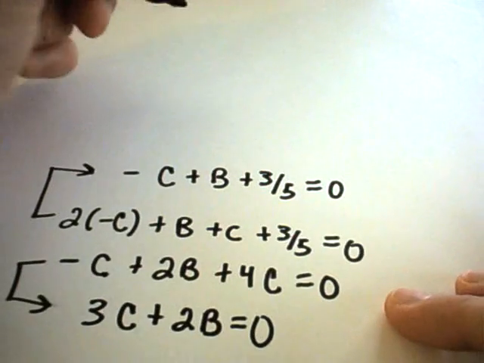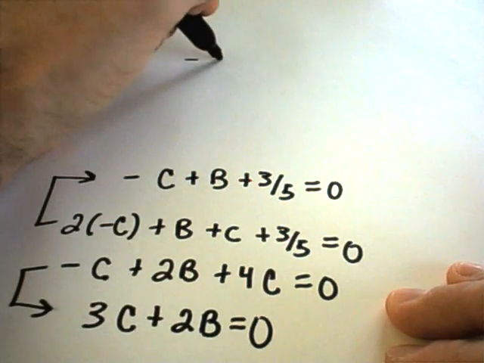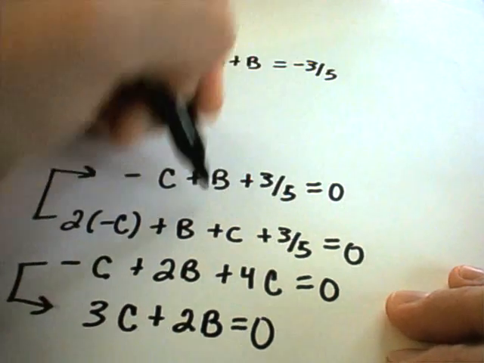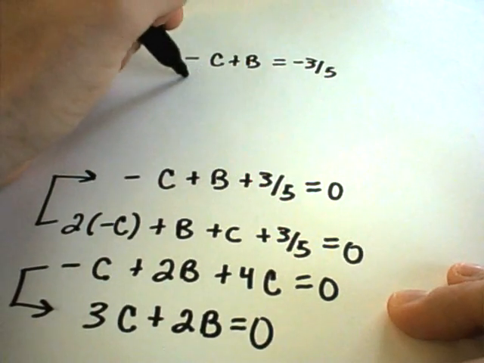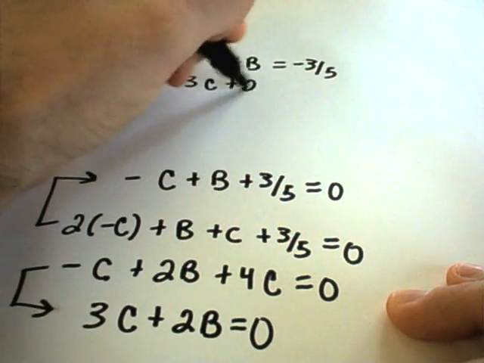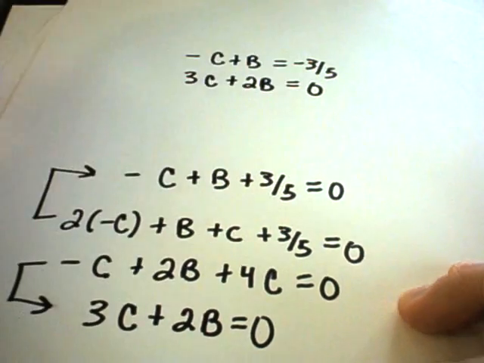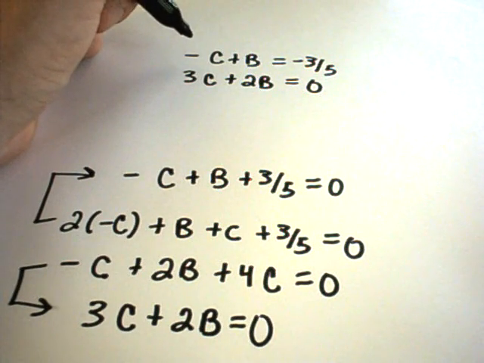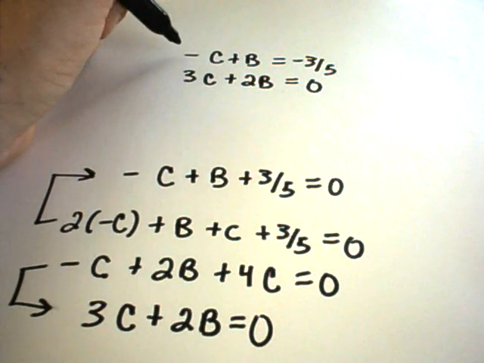And that'll give me the system of equations -c plus b equals -3/5, rewriting the first one. And then the second one will give me 3c plus 2b equals 0. So I'm going to do elimination by addition and multiply the first equation by 3.